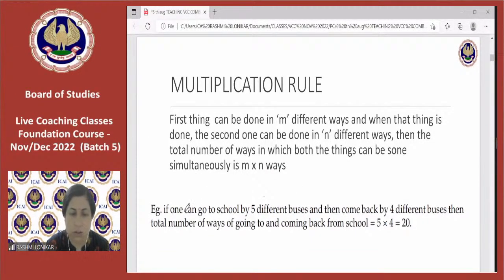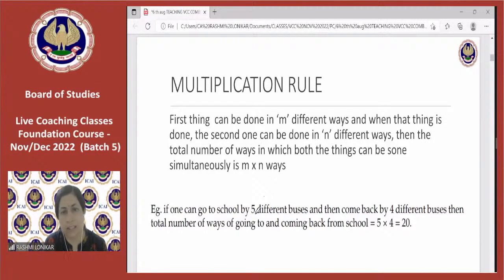So we talked about the example of a child going to school. If he's going to school by bus, while going he has say maybe 5 routes with which he can reach the school, and while coming back he has 4 ways. So 5 into 4, that is 20 ways in which he can go to the school and come back. But if I'm talking about how he can reach the school, either he can go by bus or he can go by an auto.